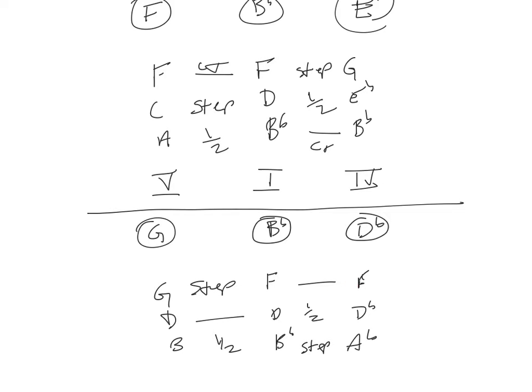So we have a common tone, half step, step, common tone, half step, step, when we move minor thirds away, in the same way that as we moved fourths or fifths away, we have a common tone, half step, step. So the voice leading, doing this sort of progression minor thirds away, is exactly the same kind of voice leading as the past, although the harmony is quite different and the sound is quite different.